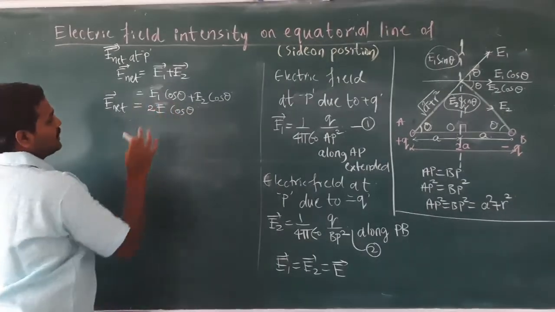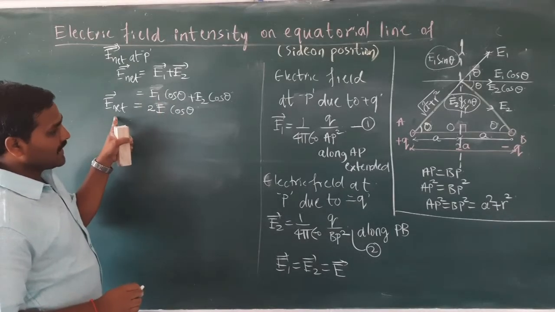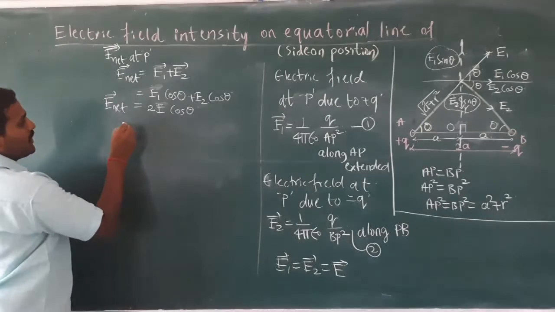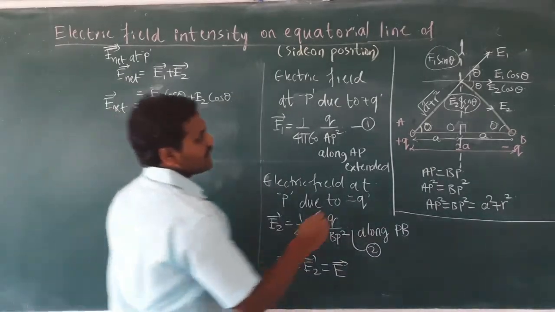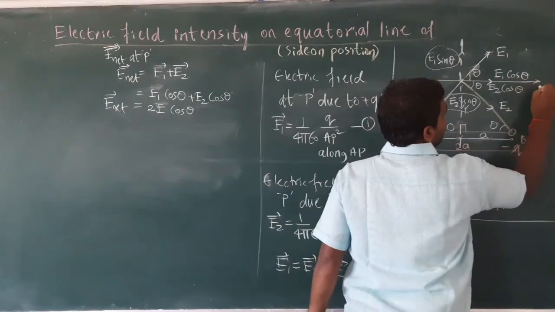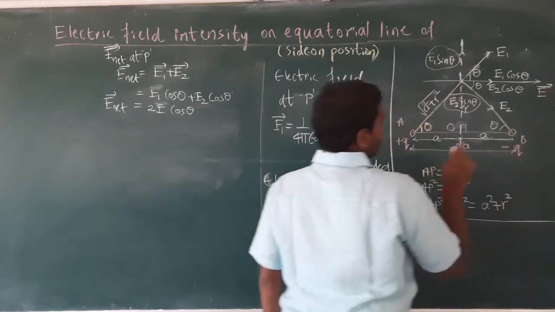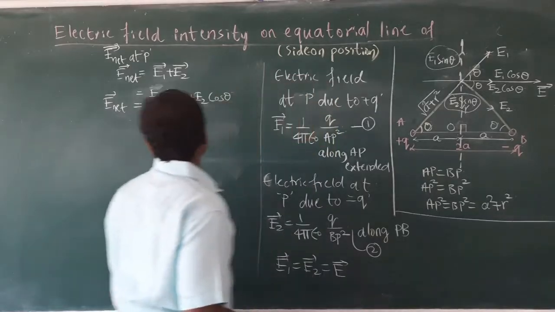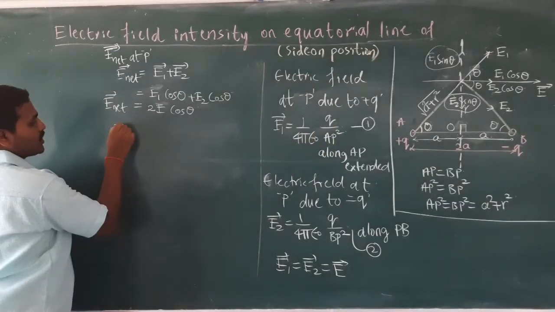That is the resultant electric field intensity, and it is along the positive x-axis as shown in the figure.